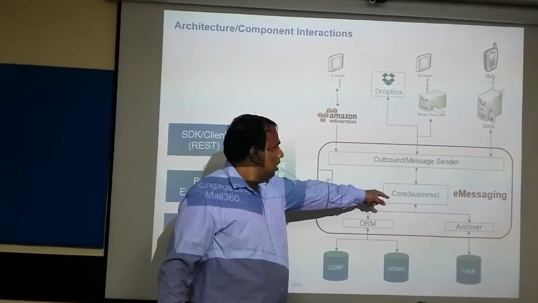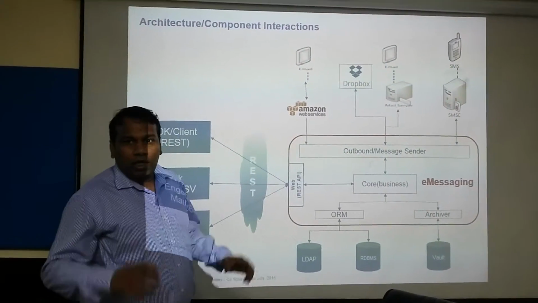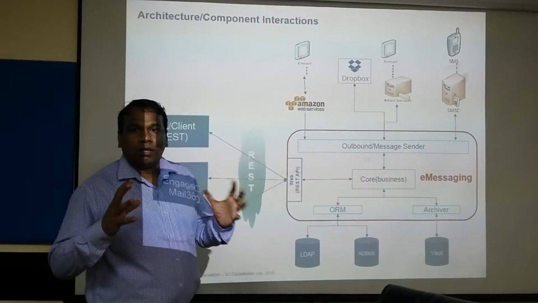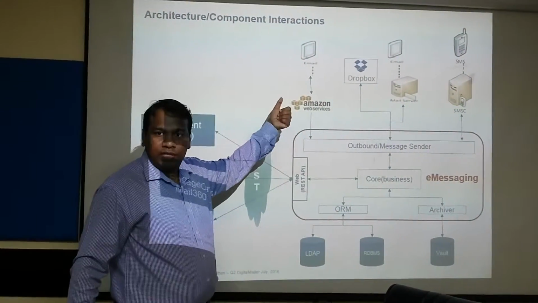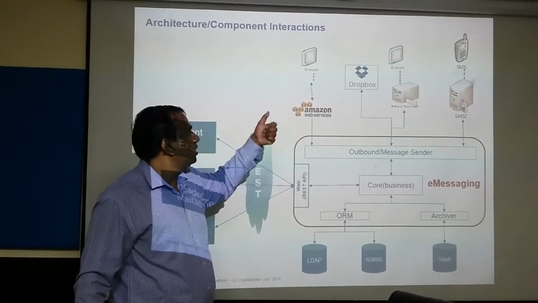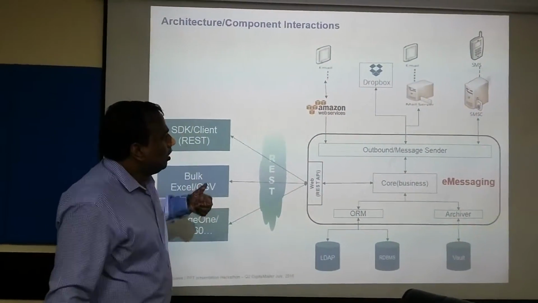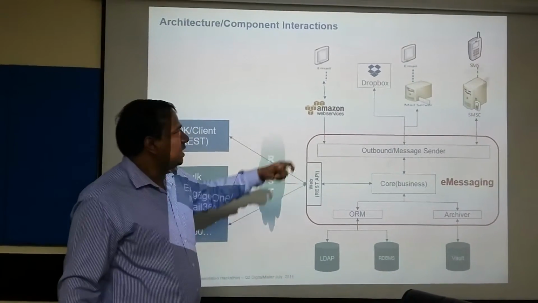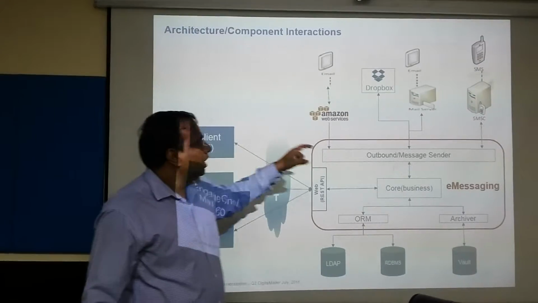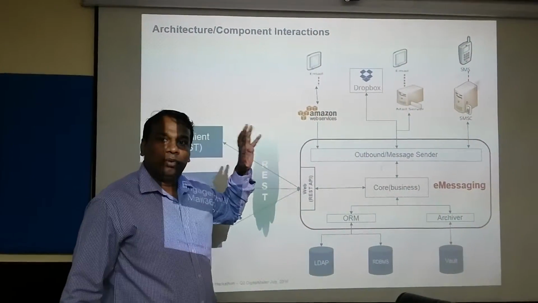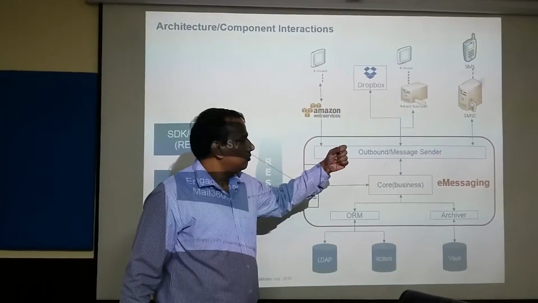After that, in the outbound module, that is the message sender, it will create the Java compatible messages and send them to the Amazon Web Service, which will further route messages to the email server and further to the recipient. For the case of Dropbox, we can send the message to Dropbox uploading files and finally getting the uploaded file links and sending them to the mail server.